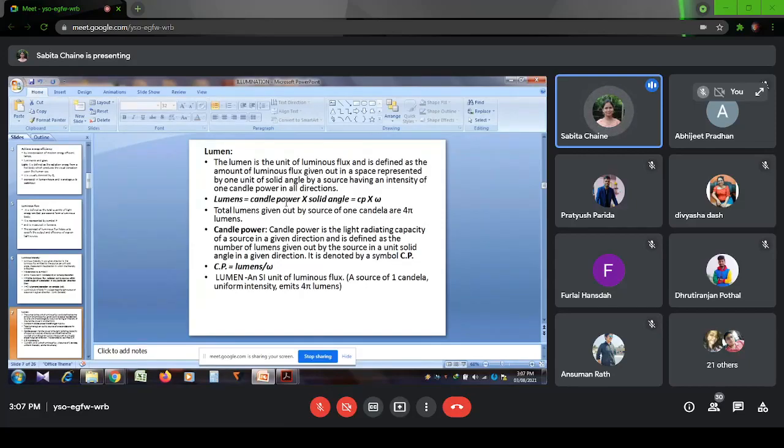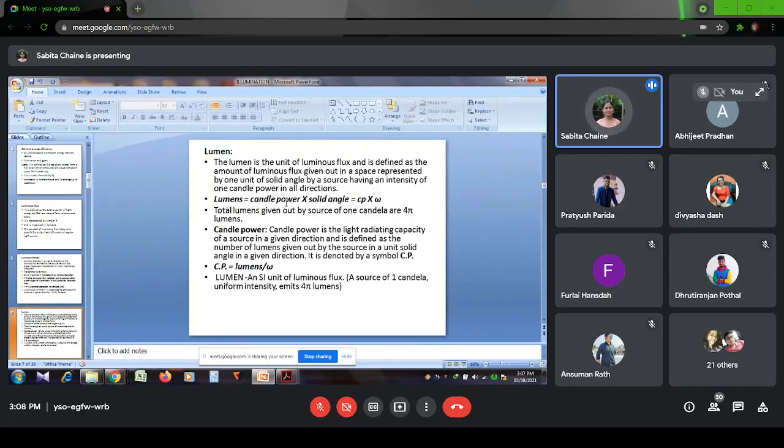Why can you say omega equals 4 pi? Can anyone say? Omega equals area divided by radius square, A by r square. For a full solid angle, the area will be 4 pi r square.